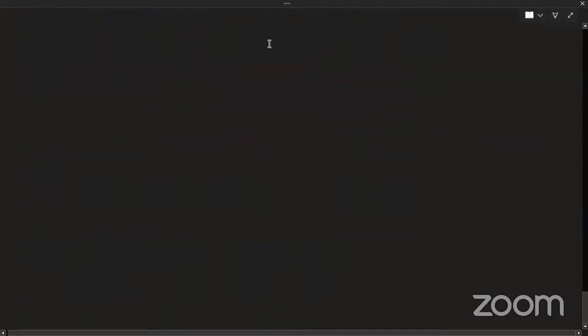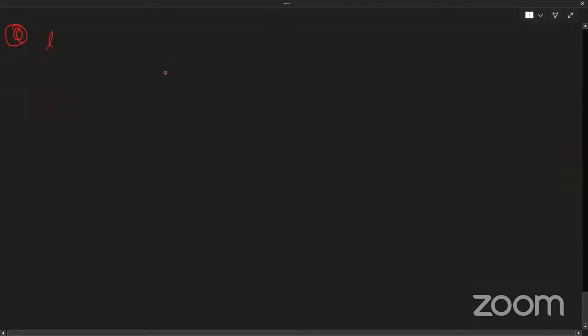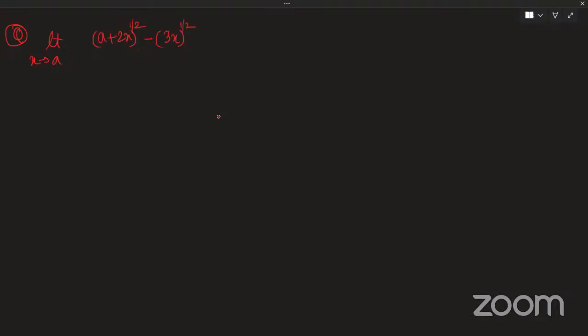Okay, now let us just look at the question he has given. Navneet, just go for L'Hopital's rule in this one actually. Okay, anyways, limit x tends to a, a plus 2x to the power of half minus 3x to the power of half, divided by 3a plus x to the power of half minus 2 times x, 4x to the power of half.